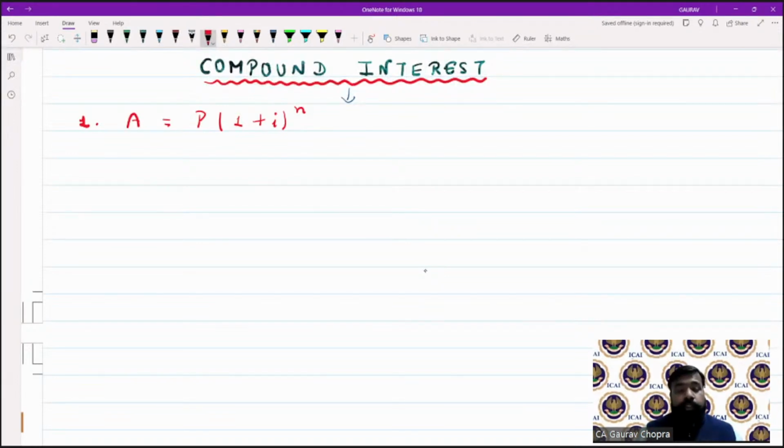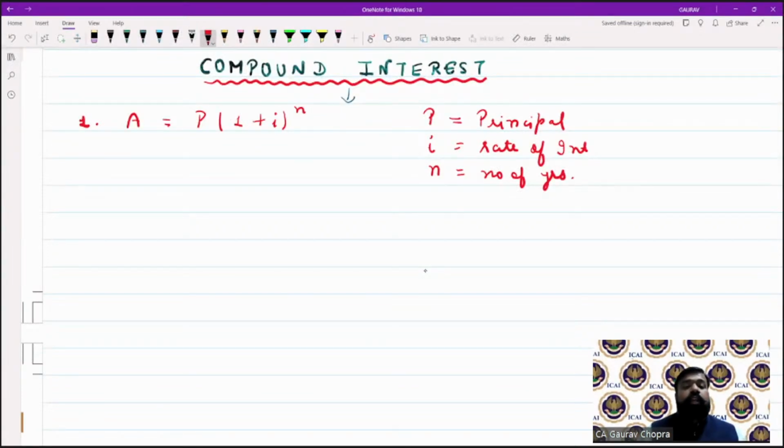Here P is the principal, I is the rate of interest, and n is the number of years or number of periods, that is the time. These three things are required to calculate amount: principal, rate of interest, and the time period.